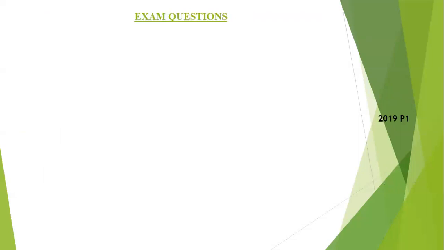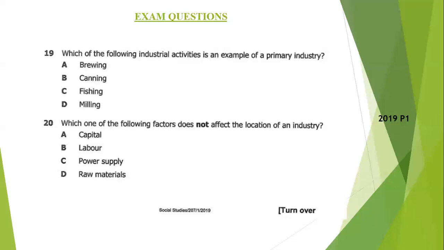Now, let me take you straight into examination questions. So this paper is an extract from the 2019 paper 1. Question 19 says, which of the following industrial activities is an example of primary industry? So brewing cannot be primary industry. This is secondary industry.